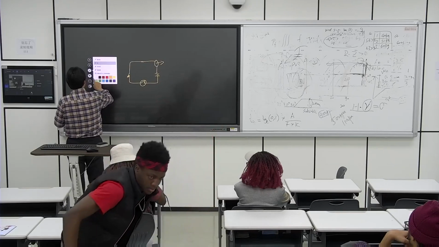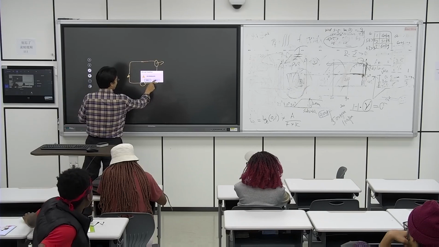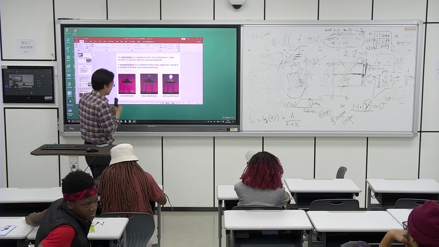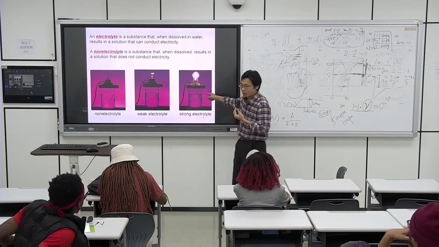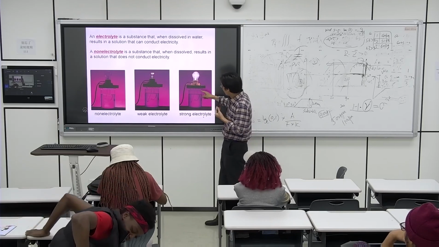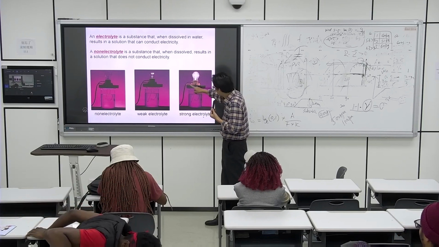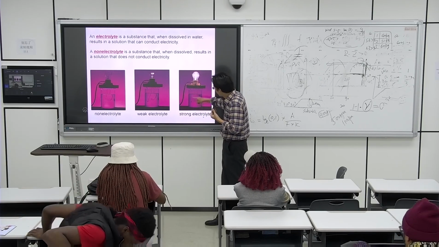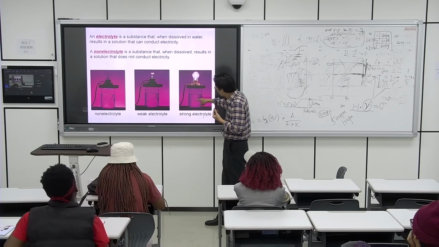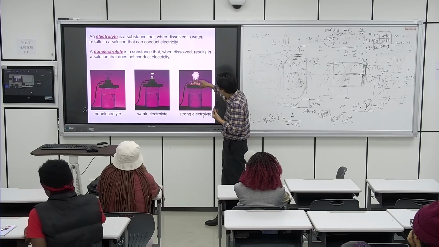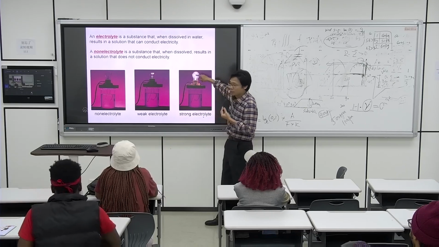Another side is about the power, right? The electrons can move from here through the solution to here, then go through the wire, and the bulb will light.